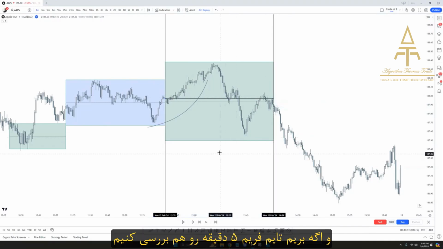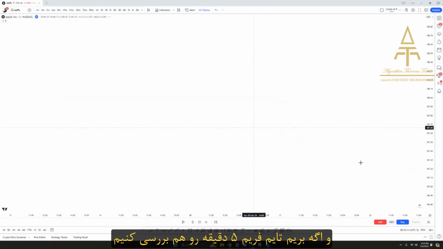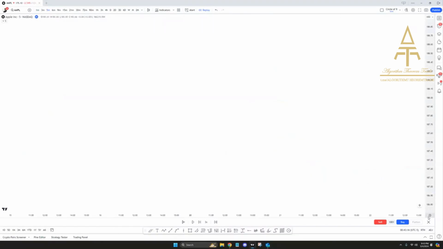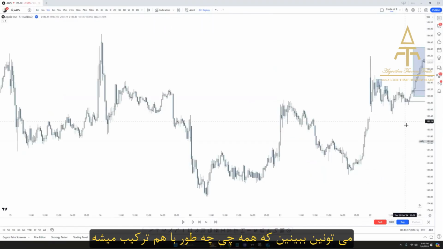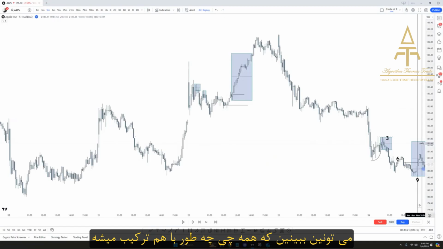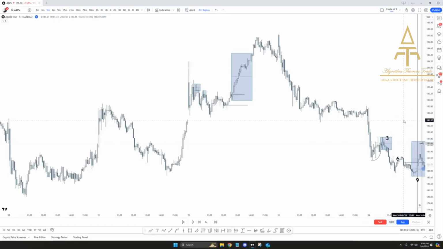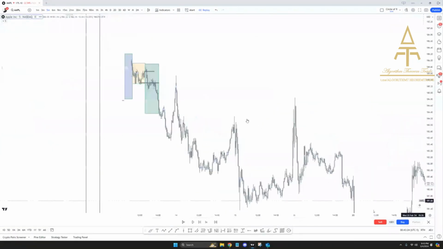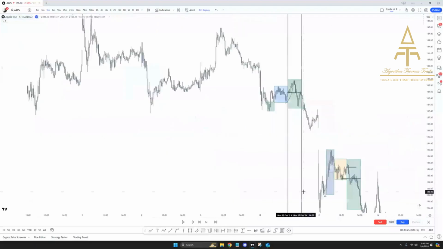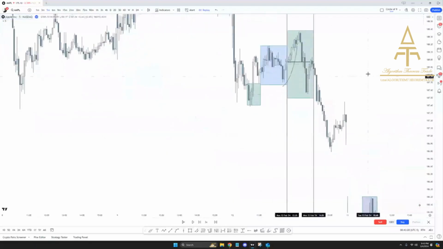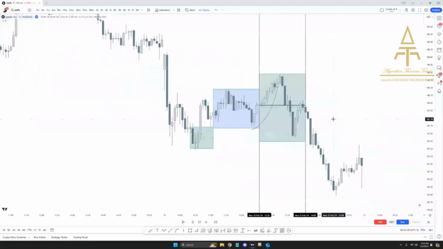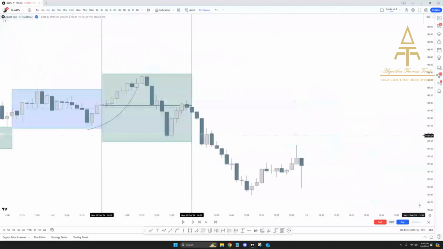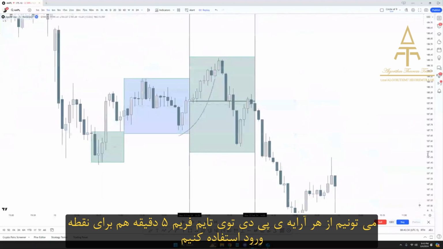And if we were to observe the 5-minute time frame as well, then we can see how that also meshes together. We can use any PD arrays on the 5-minute as well for entries.